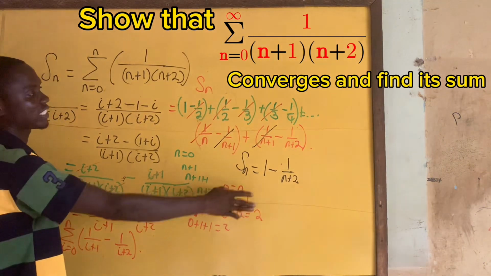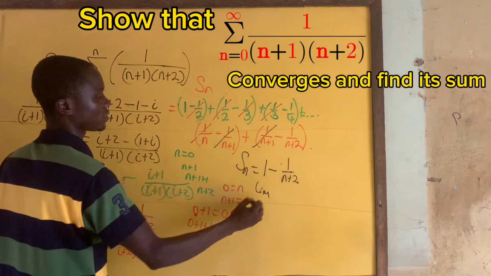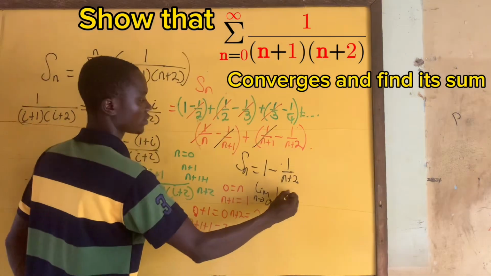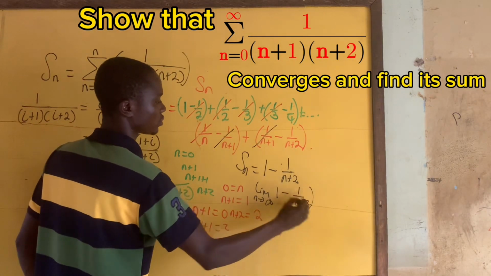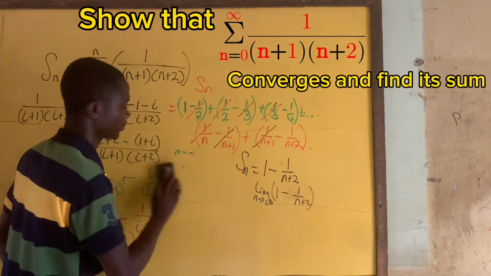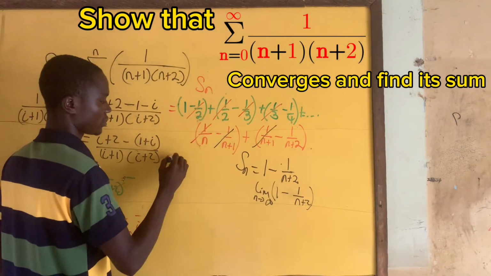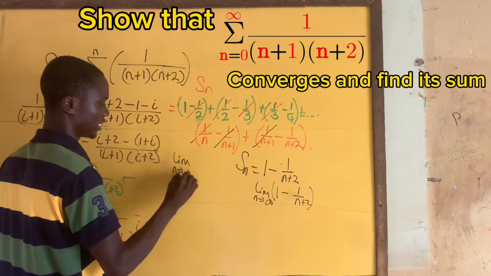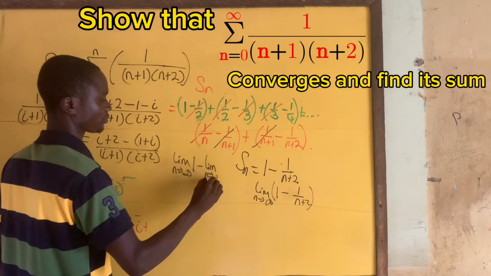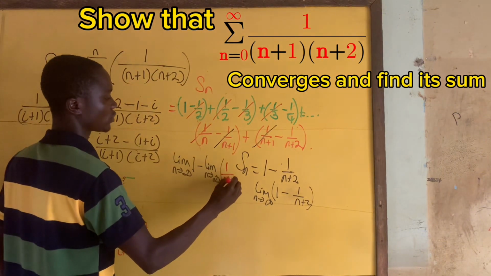So now, this is our Sn. We are going to find the limit of Sn as n approaches infinity of 1 minus 1 over n plus 2. So we take the limit as n approaches infinity of 1 minus the limit as n approaches infinity of 1 divided by n plus 2.